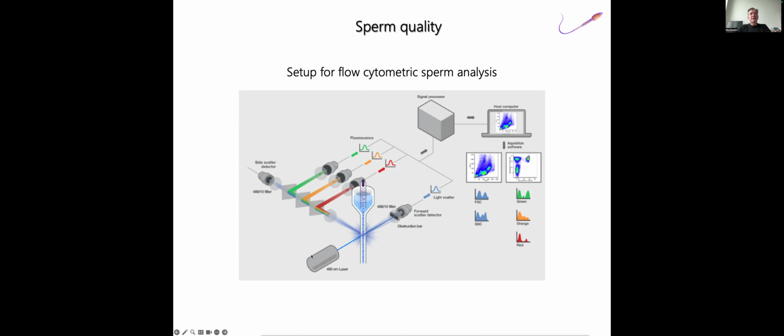You see here a laser, here a fluidic system, and you have a forward scatter to measure the size of these cells, and here a side scatter to measure the granularity. And we have these different fluorescence mirrors and detectors to measure the fluorescence intensity of the different colors.